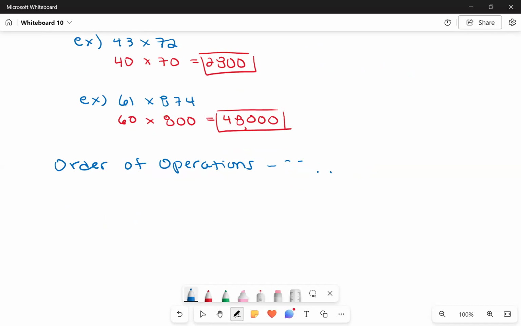is that it makes it seem like the order is this, and it isn't quite true. The order is more like this: PEMDAS, where it's actually parentheses first. Exponents are second.